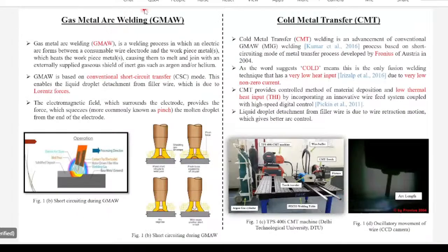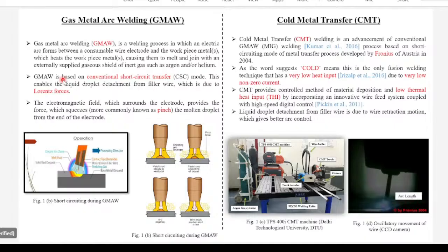So this is the basic difference between gas metal arc welding and CMT. Everyone will know about the conventional process, GMAW. I'm not going deep with that, but for comparing, I will surely compare it. Suppose GMAW, if we are comparing with CMT, is based on conventional short circuiting transfer.